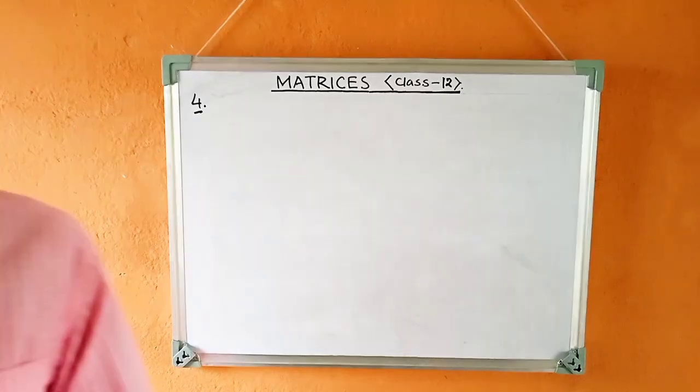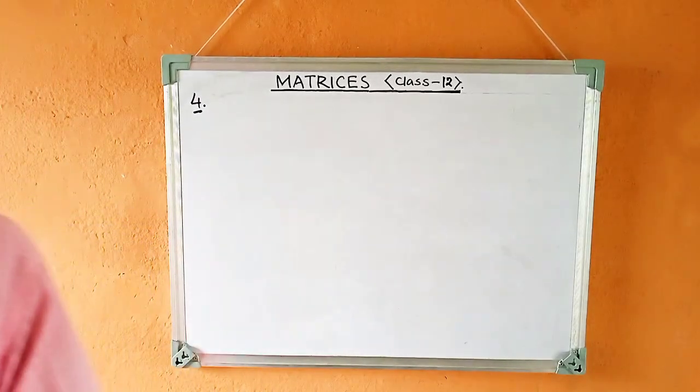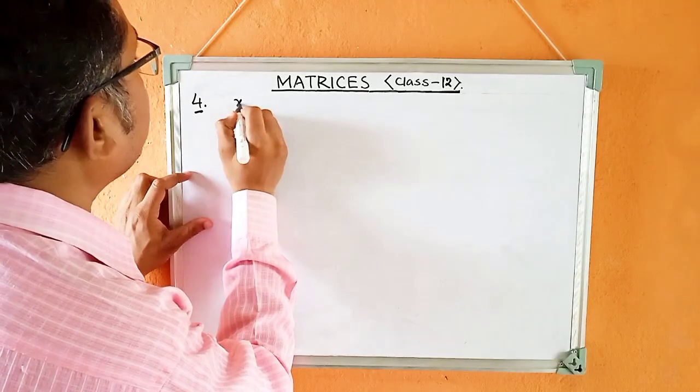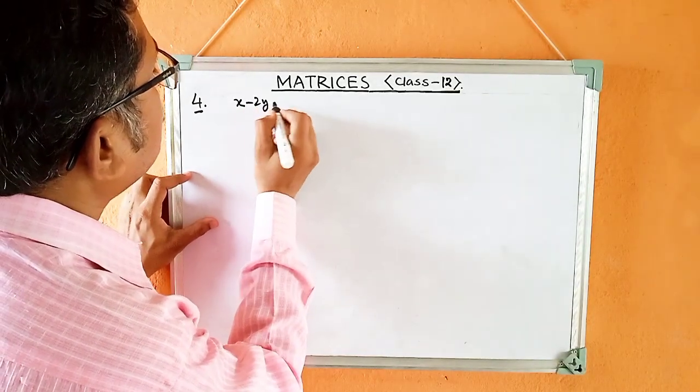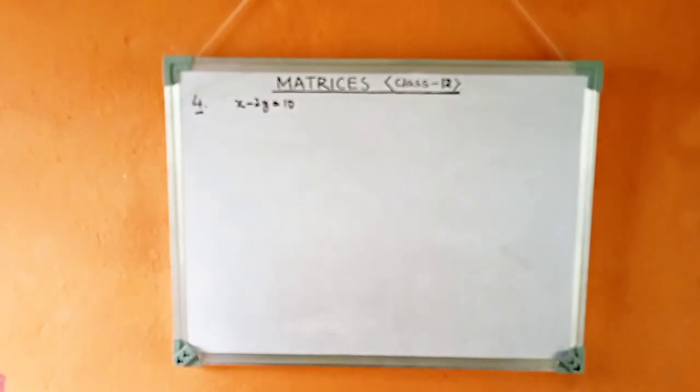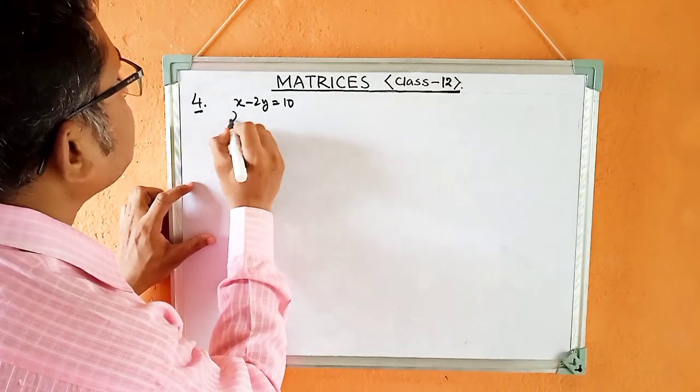A system of linear equations is given. See, x minus 2y equal to 10. Then the next equation is 2x plus y plus 3z equal to 8.